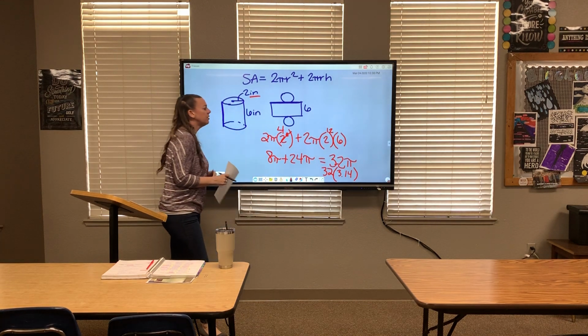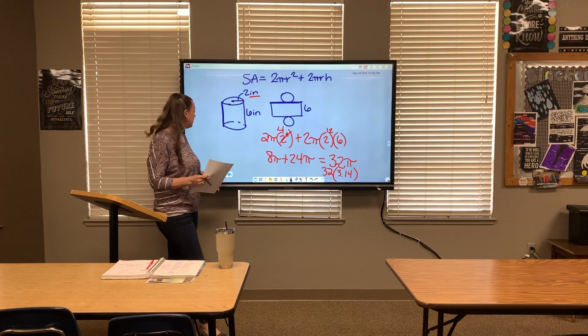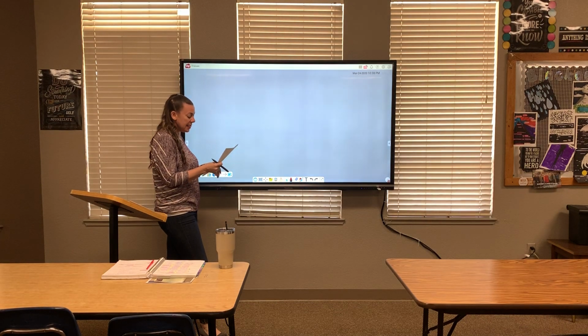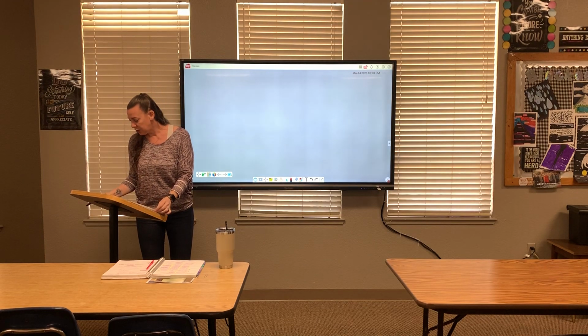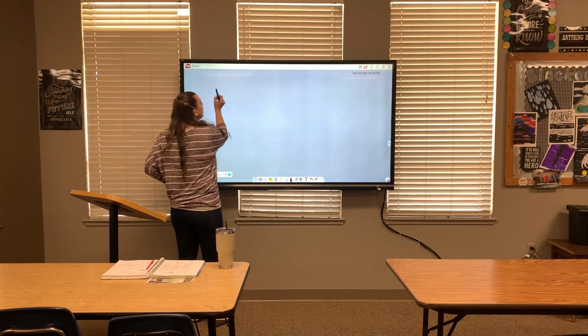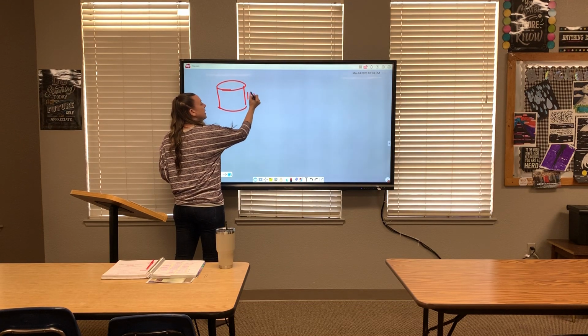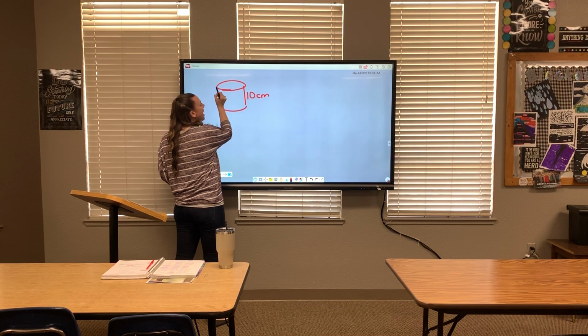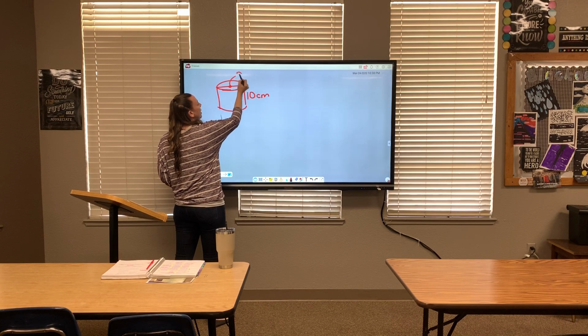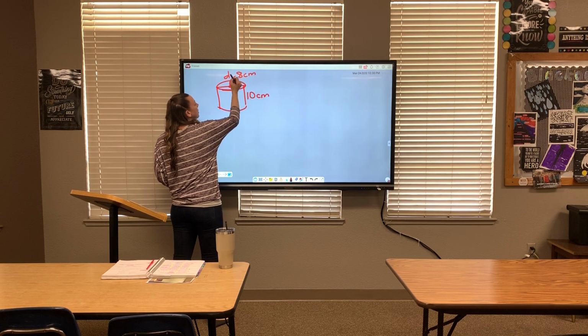Let's try another one with the cylinder, because I know this is a longer process. So let's say I have a cylinder and I'm given something like this, where this is 10 centimeters, and they give me the diameter of 8 centimeters.